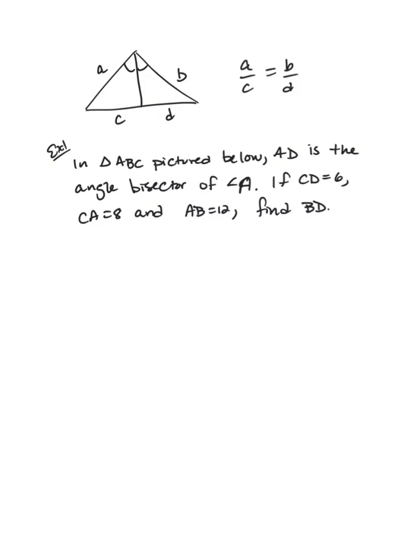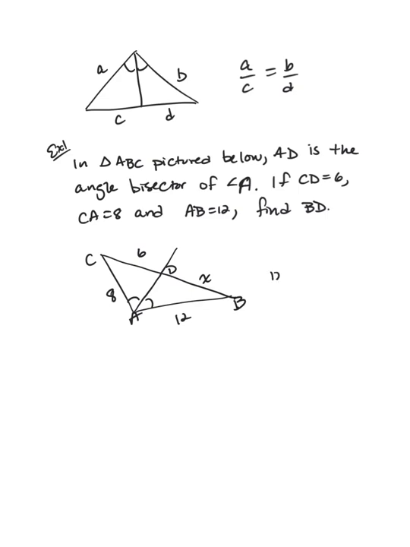Okay, so here we go. C, A, B, and AD is an angle bisector. So these angles are congruent. So we have CD measuring 6, CA is 8, AB is 12, and we want the measure of DB.